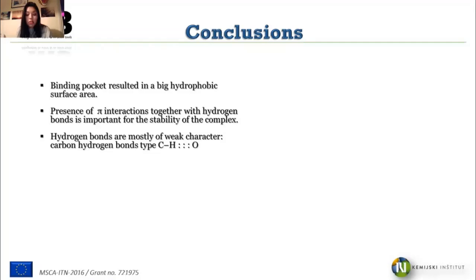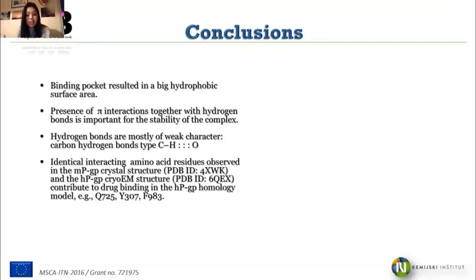We also notice that the hydrogen bonds present are mostly of weak character, for example, many carbon-hydrogen bond type of interactions. And some of the interacting residues observed experimentally in the mouse PGP crystal structure and in the human PGP cryo-EM structure were found to contribute also to drug binding in our homology model.